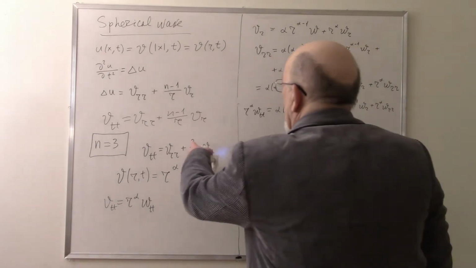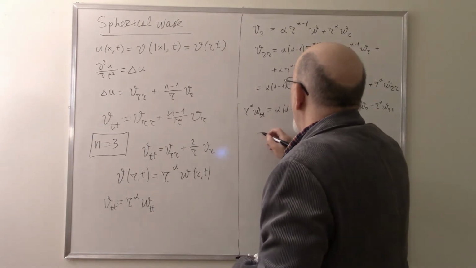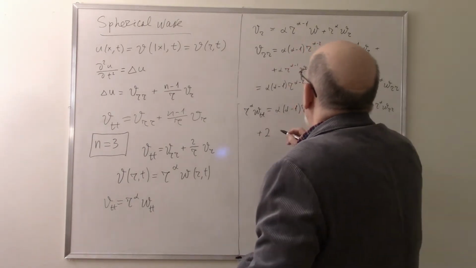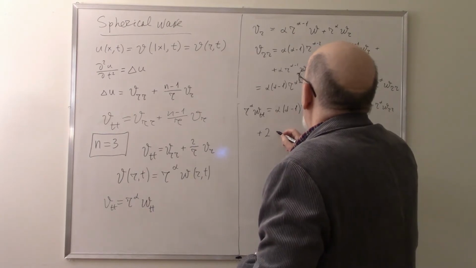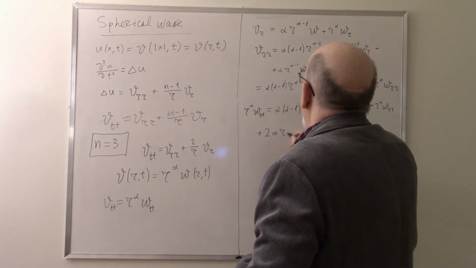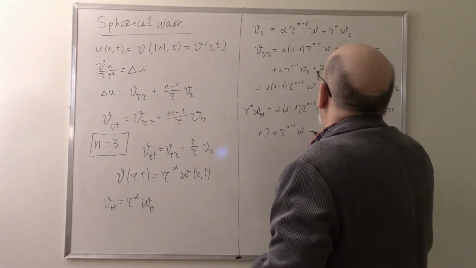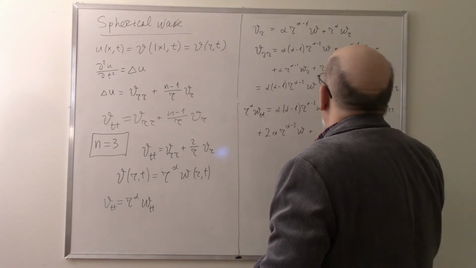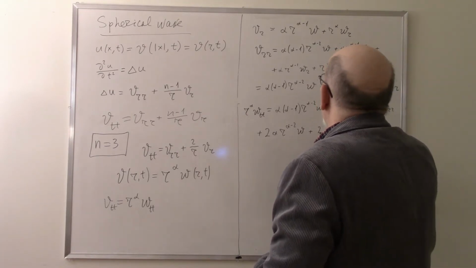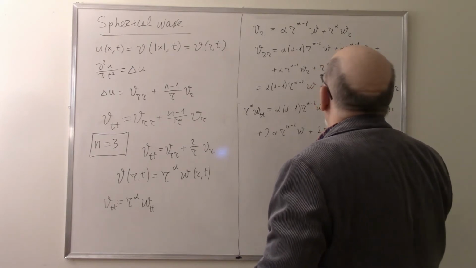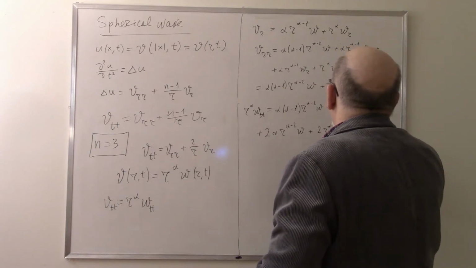Now plus 2 divided by R times VR, it's here, alpha R alpha minus 2 divided by R W plus 2 R alpha minus 1 WR.